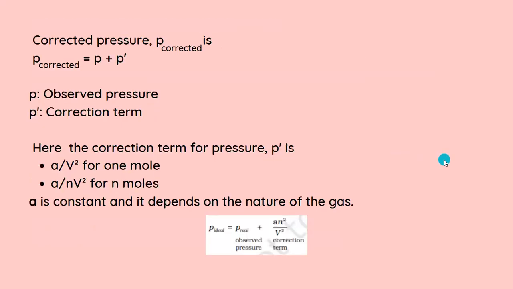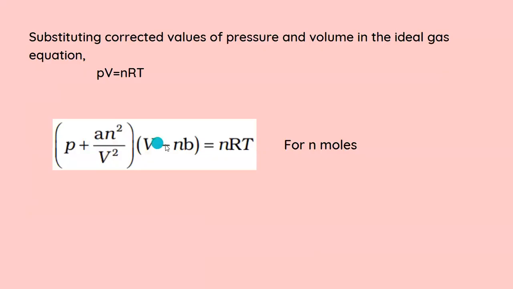So we are basically substituting these two, and when you see PV equals nRT, so this P plus A n square by V square is the correction term for pressure, for the intermolecular force and force of attraction, and V minus nB is the correction term for the volume, which we did in the beginning of this video. We're just multiplying, and this equals nRT, and this particular equation is for n moles of that particular gas.